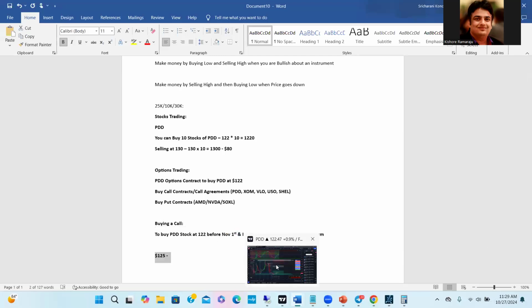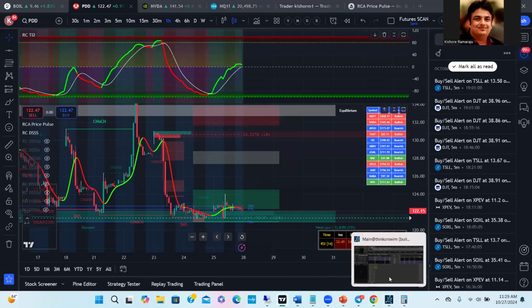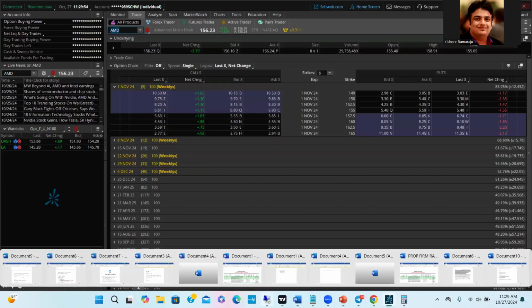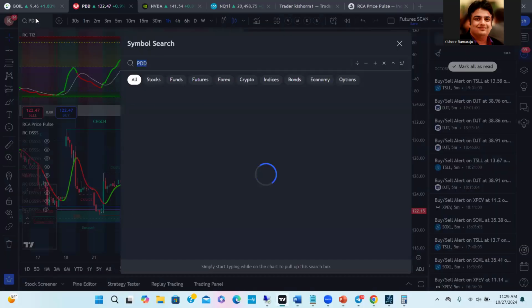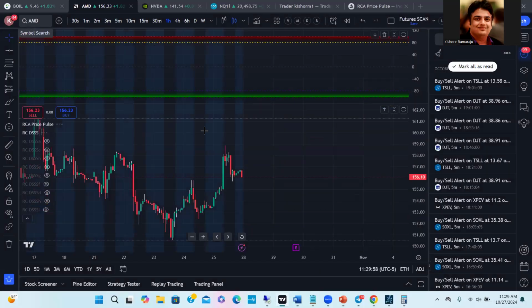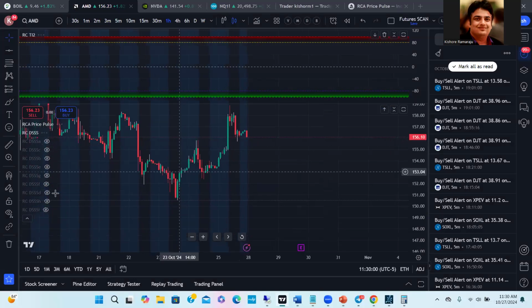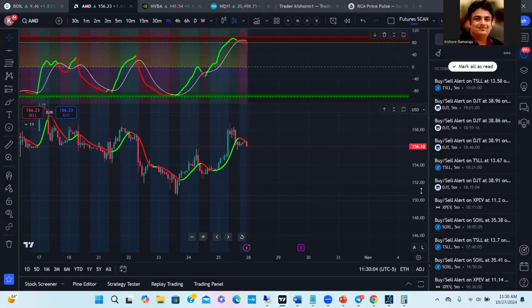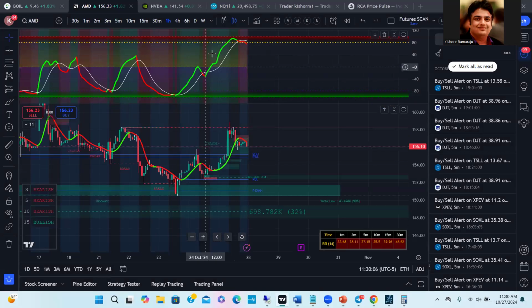Or let us take the example of AMD. So again, if you see AMD, what do you think can happen to AMD, right? Up to what price may it come? It went all the way from the bottom to the top, right?